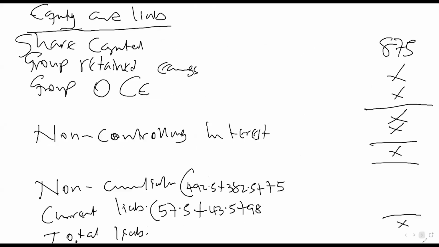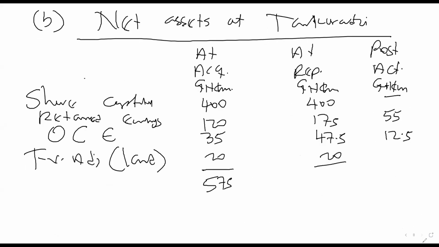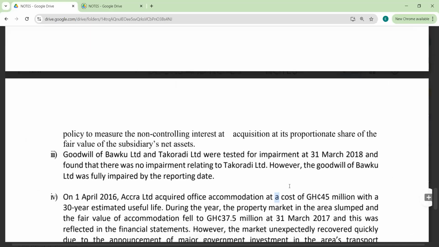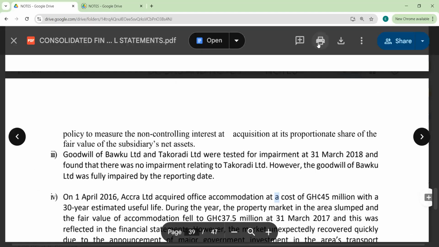Now, before you close any net asset, I beg you, don't close it like that. Before you close it, go through the footnotes, all of them, and make sure that they've not mentioned the subsidiary's name in any of the footnotes. So let's run a test. This is the first question we are doing.